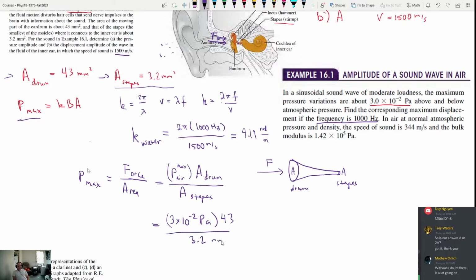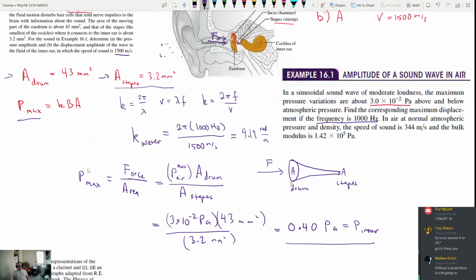Both of these are in mm squared, so that will cancel. So if we do 43 over 3.2 times 3, we're going to get 0.4 pascals. That's going to be our pressure on the inside. Call it maybe pressure inner.